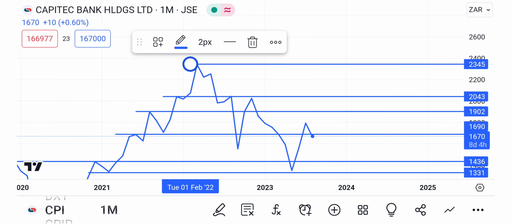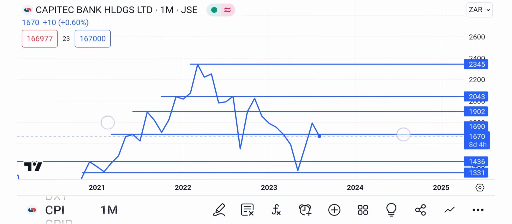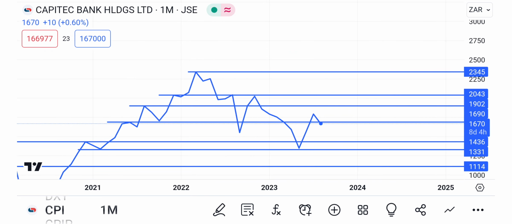So at 2,345, each one Capitec share was worth 2,345. If you wanted one full Capitec share, you were supposed to have 2,345 rand to buy one full share of Capitec.